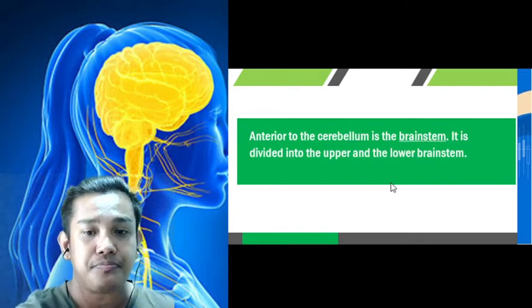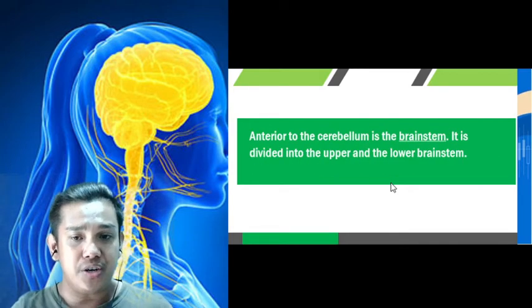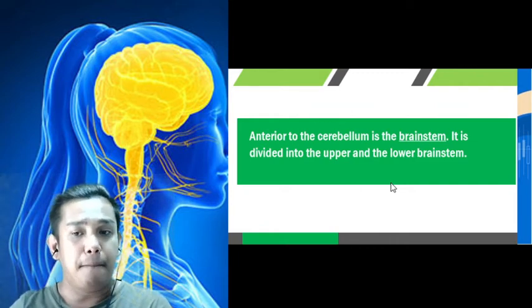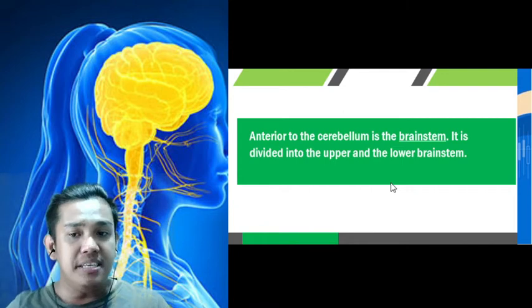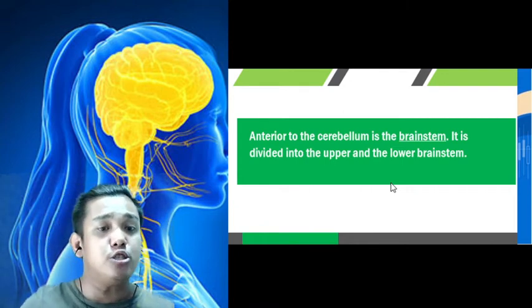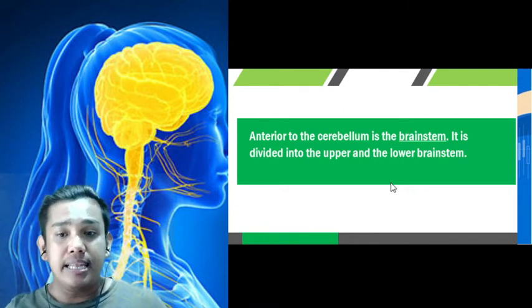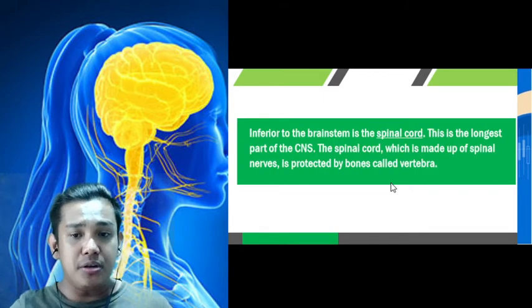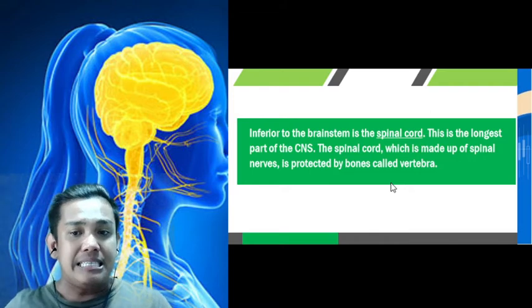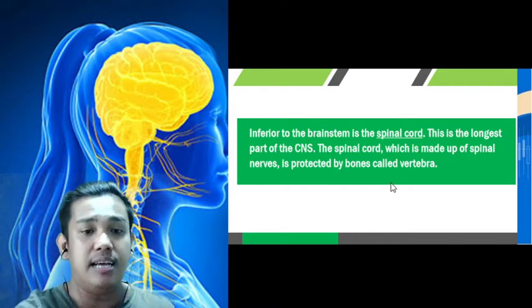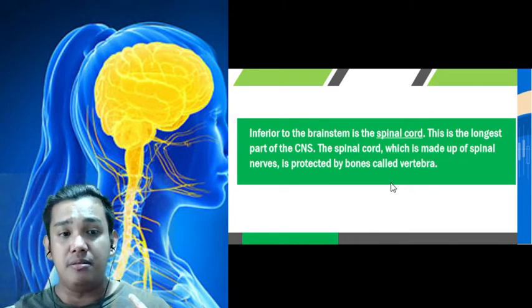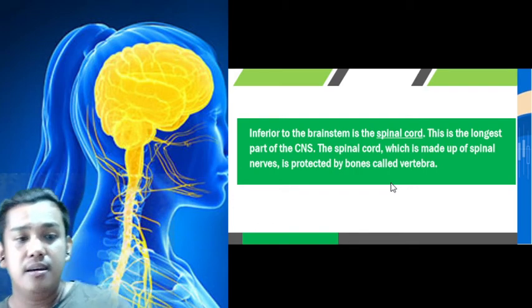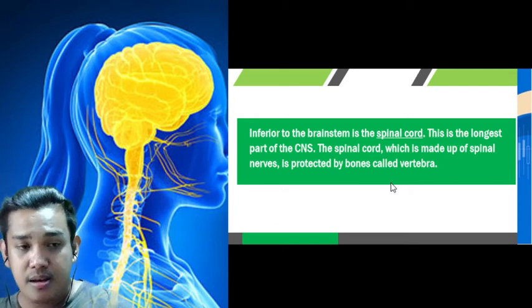Anterior to the cerebellum is the brain stem. The brain stem is divided into the upper and the lower brain stem. Inferior to the brain stem is the spinal cord. As you can see in my background, the spinal cord is inside the bone at your back.